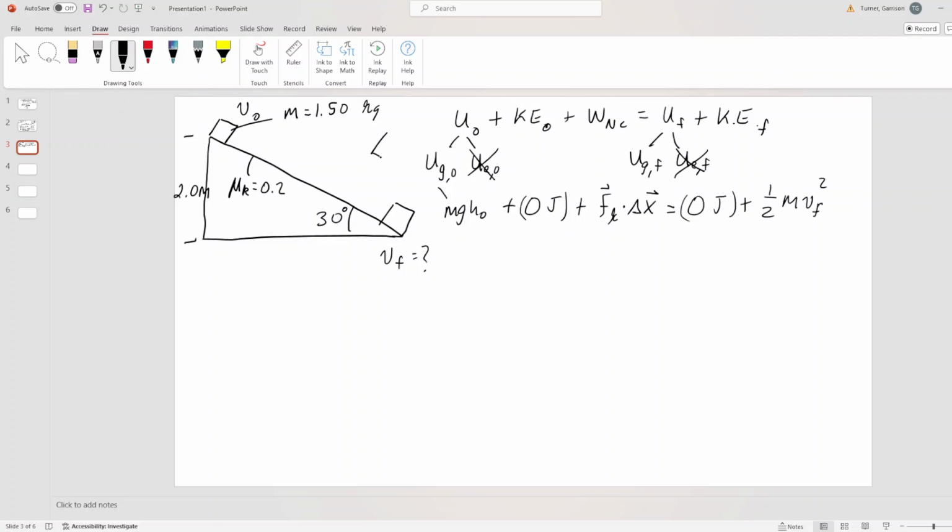Okay. Now, as we've done before, what we're going to do is we're going to orient our coordinate system such that I have this. Okay? So when I do that and I draw a free body diagram in this coordinate system, that's x.